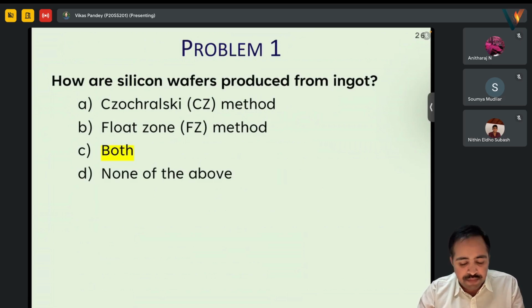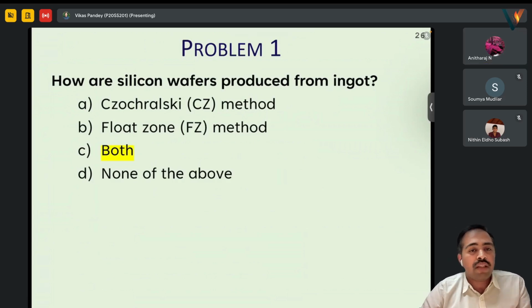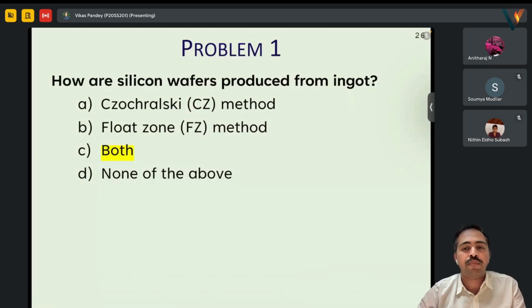Both the methods. And which one will give a better yield, CZ or FZ? CZ will give better yield. And which one will give better quality, purity?